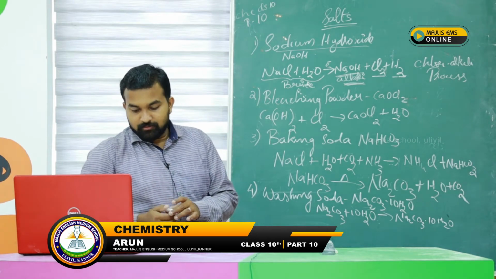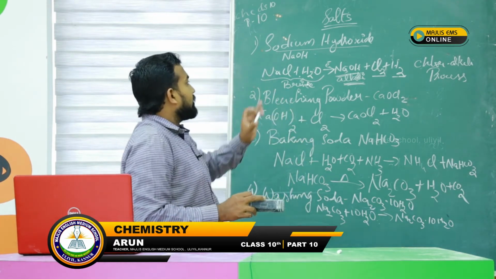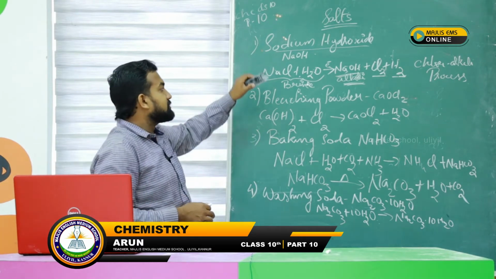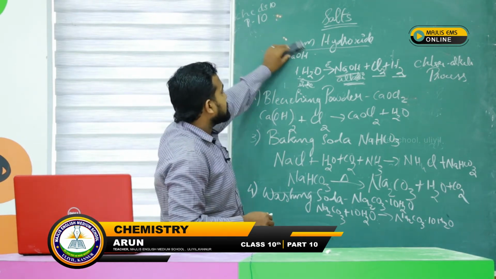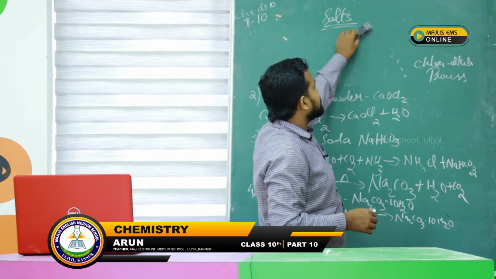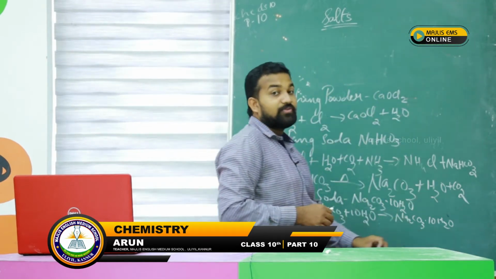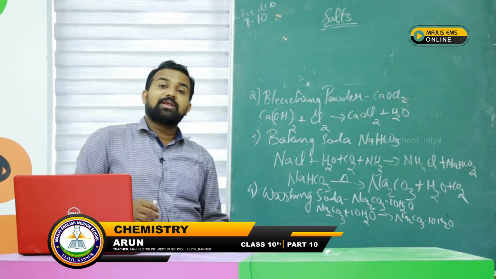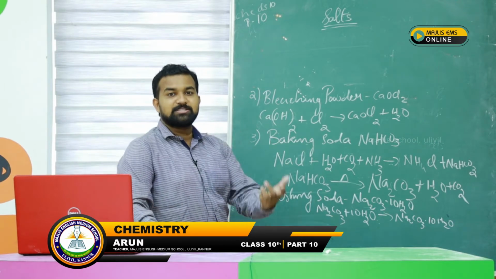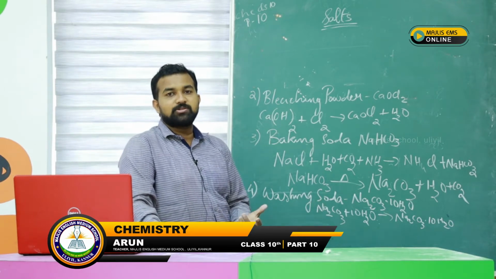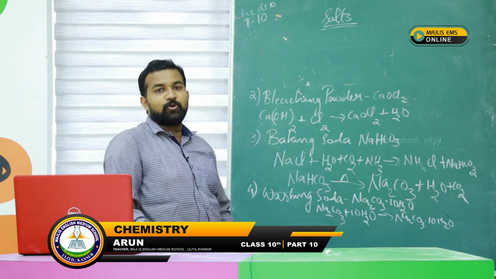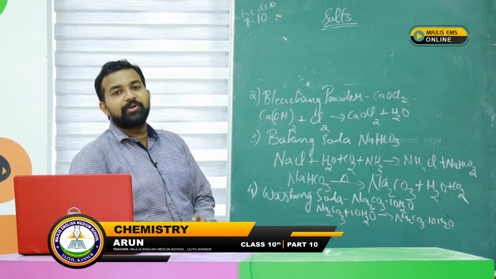That's about sodium hydroxide, NaOH. Electricity is passed into the brine solution, and sodium hydroxide is produced with the evolution of chlorine and hydrogen gas.